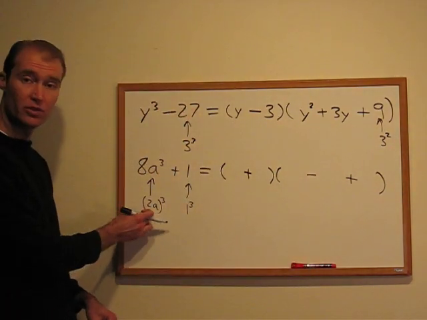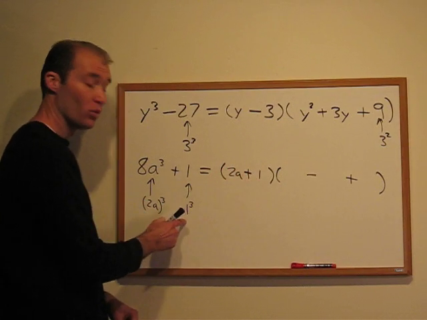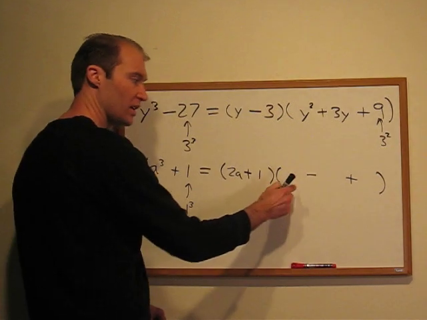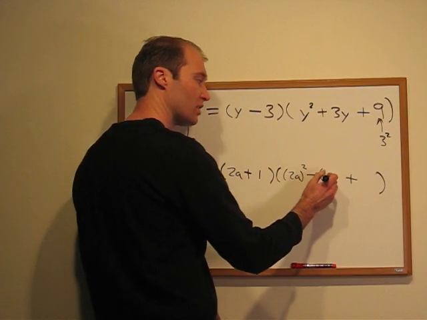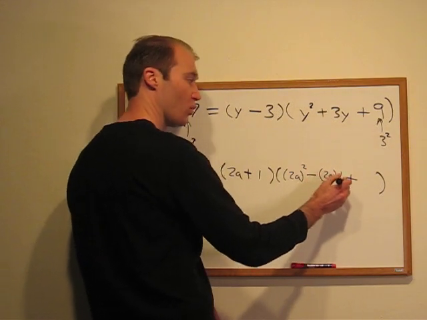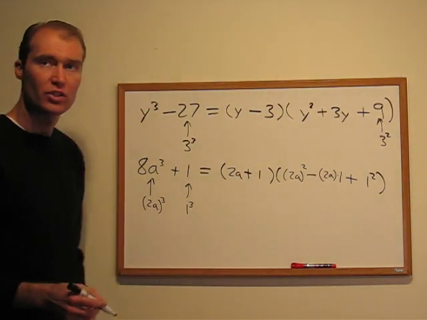Now, here I'm going to use the 2a. It's going to be 2a plus 1. Now here, it's going to be 2a squared, 2a times 1, and then plus 1 squared.